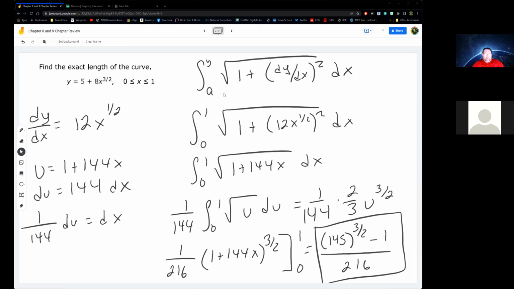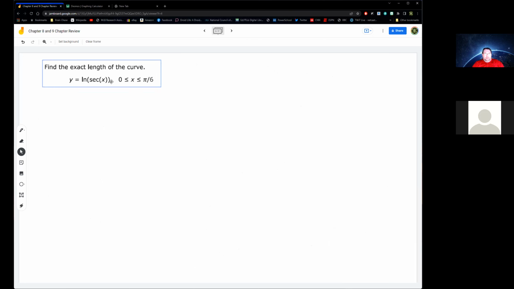All right. Next one, same concept. I'm still doing a simple arc length problem. The work inside of it just becomes a little more complicated because it's got the secant stuff in it.